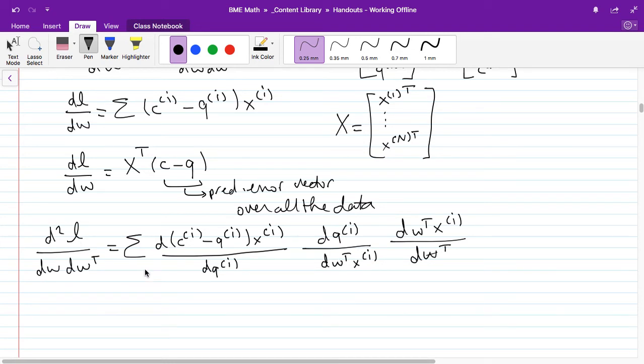Okay, this isn't hard to do. I'm going to get a sum. The first term: there's only one q here that's multiplying xi, so I'm going to get minus xi. The second one I've already done. That's qi (1 minus qi). The third one is just x transpose.